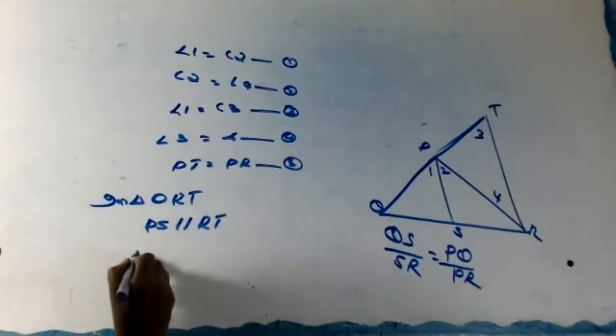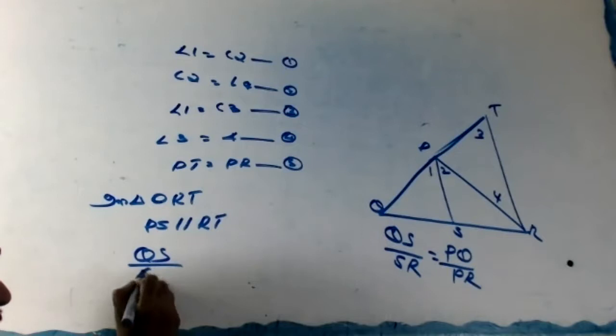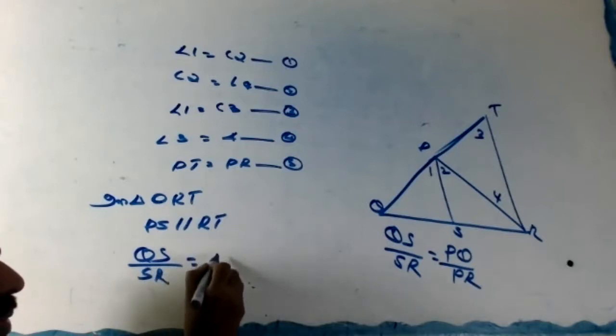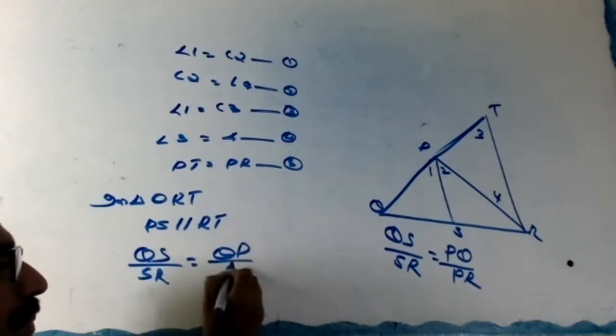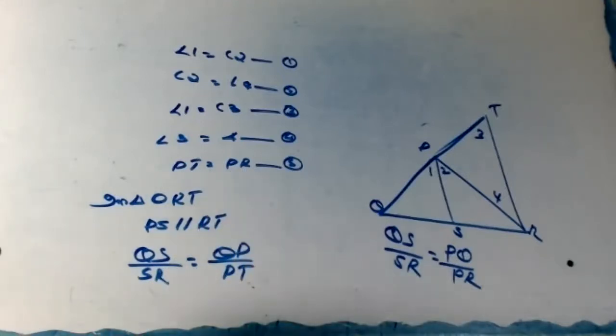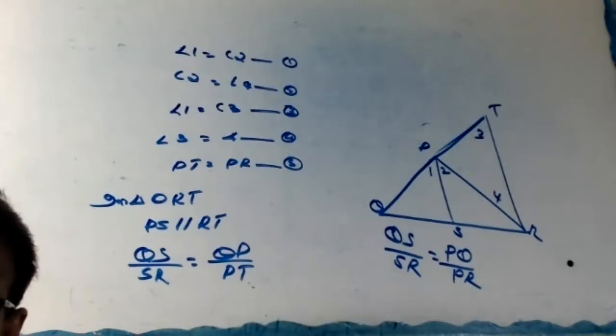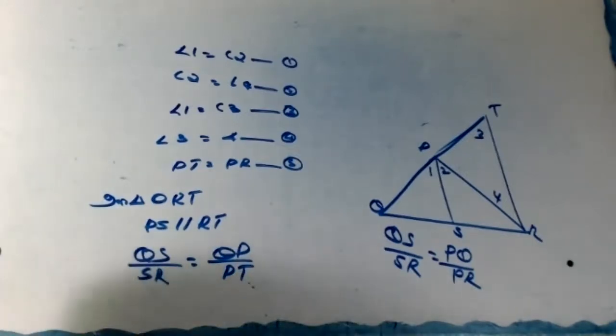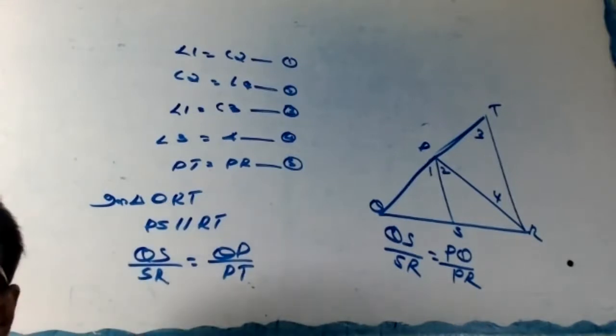So that means QS by SR equal to QP divided by PT, but PT equal to PR. Finish. Okay. Right now, construction.